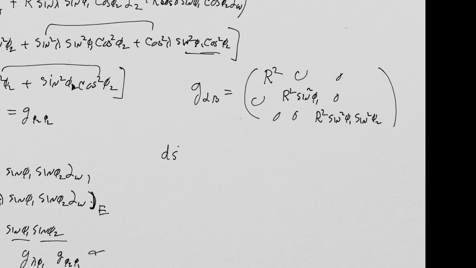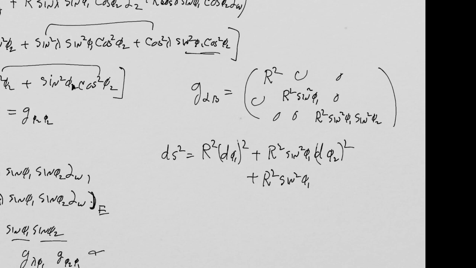in metric form, which would be r squared d phi 1 squared plus r squared sine squared phi 1 d phi 2 squared plus r squared sine squared phi 1 sine squared phi 2 d lambda squared, which could also be written in the form r squared d phi 1 squared.